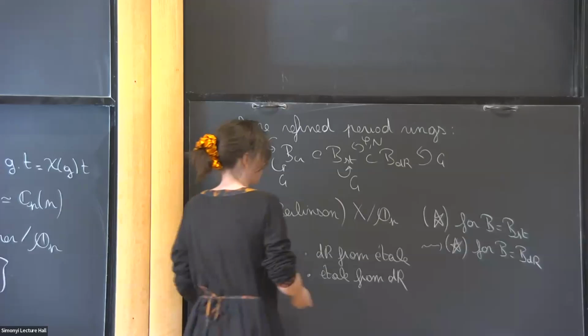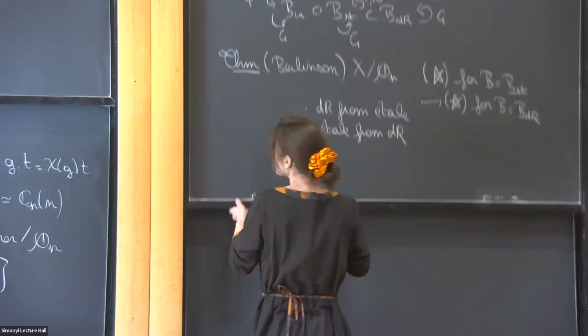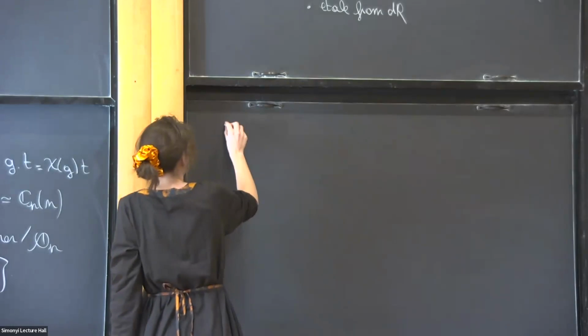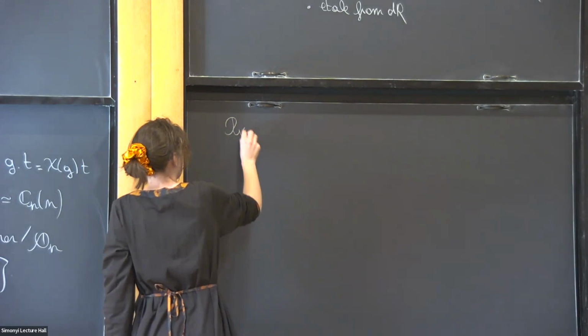So this is for algebraic varieties. Now we want to study what we call rigid analytic varieties.